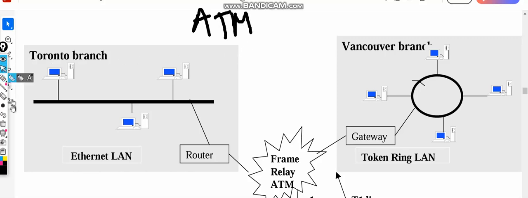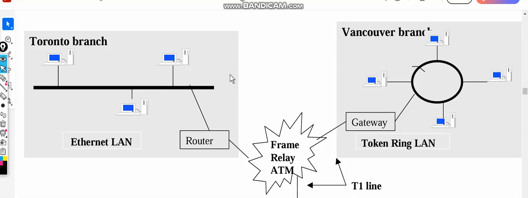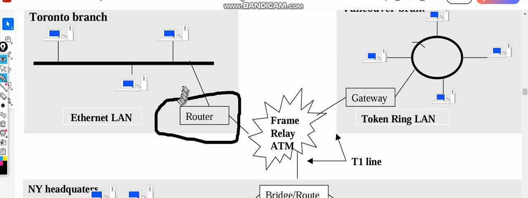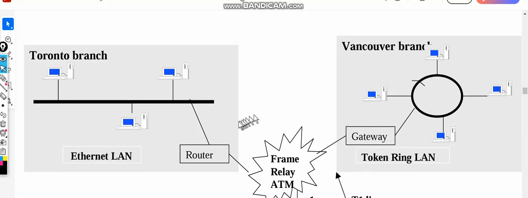See, this router is connecting the Toronto branch Ethernet LAN to the frame relay ATM, and the gateway is connecting the token ring LAN from the Vancouver branch to the frame relay ATM.